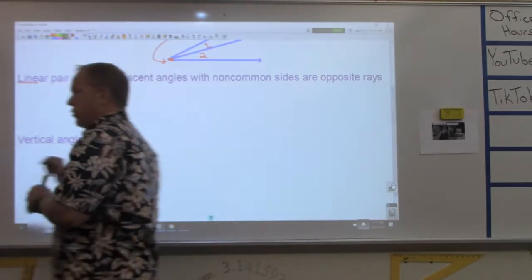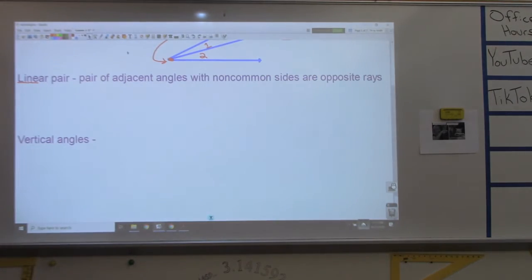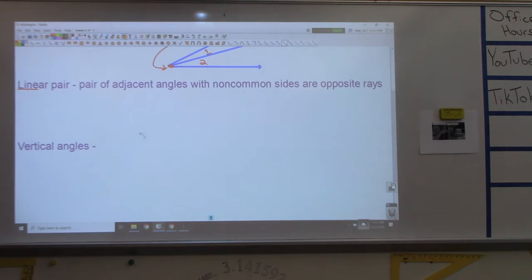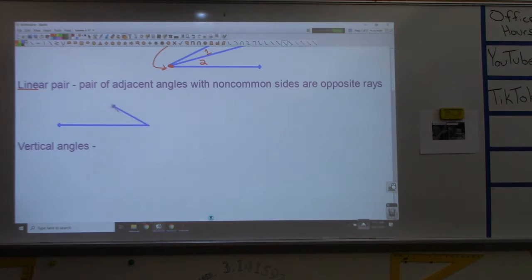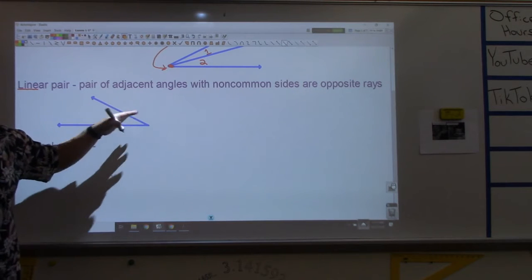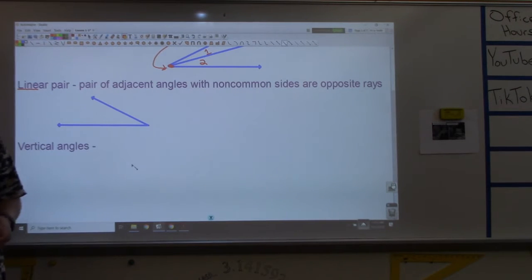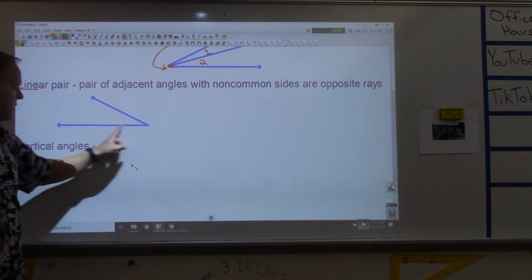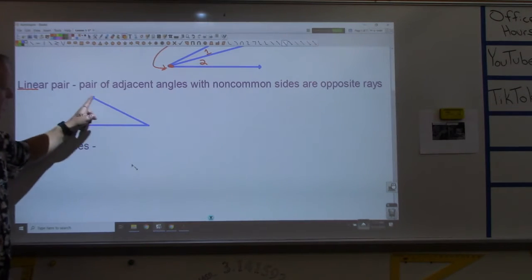So yes, let me draw another diagram for you. Watch this. So I have an angle right here. I want to draw one adjacent to this, but the non-shared side is in the opposite direction. So notice I have this side here. This is going to be my shared side right here.